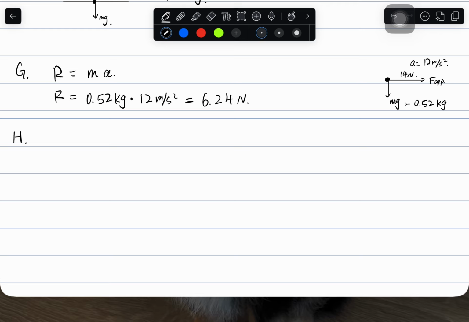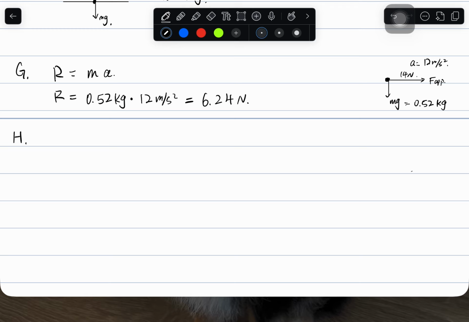So the net force equals the applied force plus, wait, one second. Let me see what's wrong. Oh yeah, sorry.